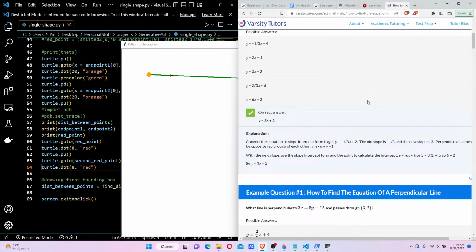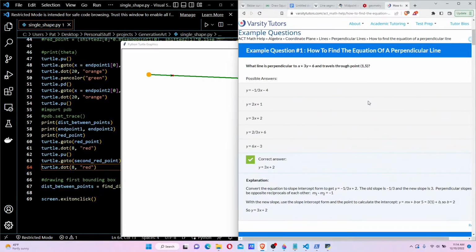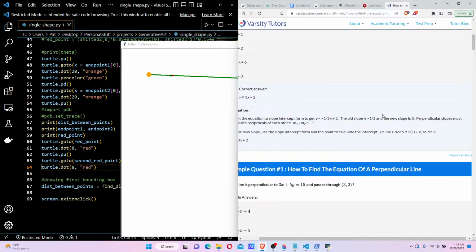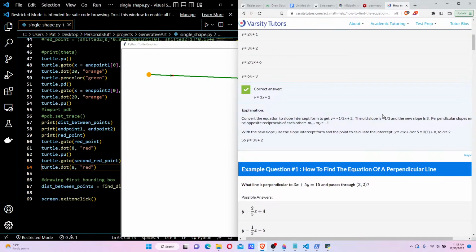So I know the equation of my line. Convert the equation to slope-intercept form. Old slope, perpendicular slopes. Perpendicular slopes must be opposite reciprocals of each other.